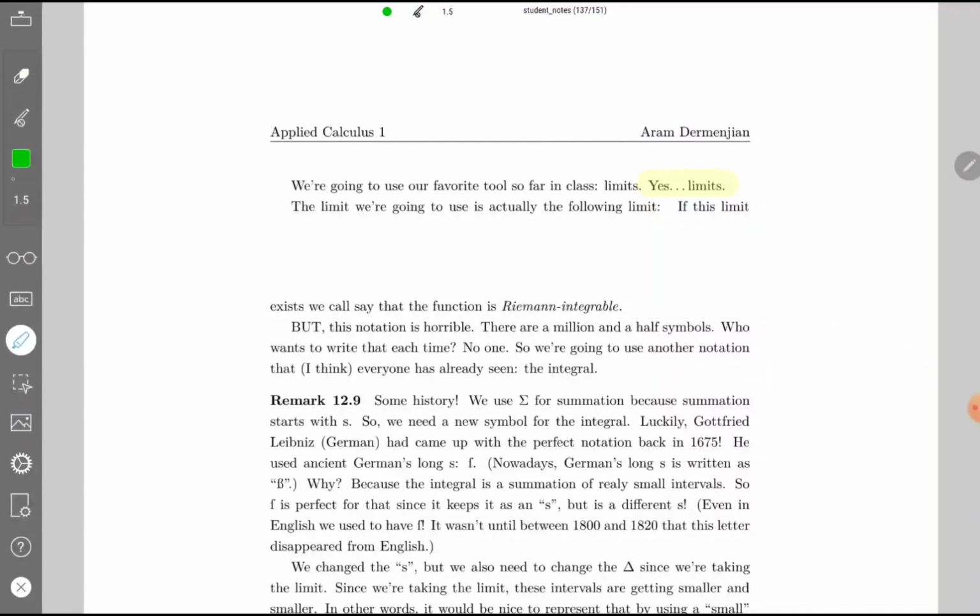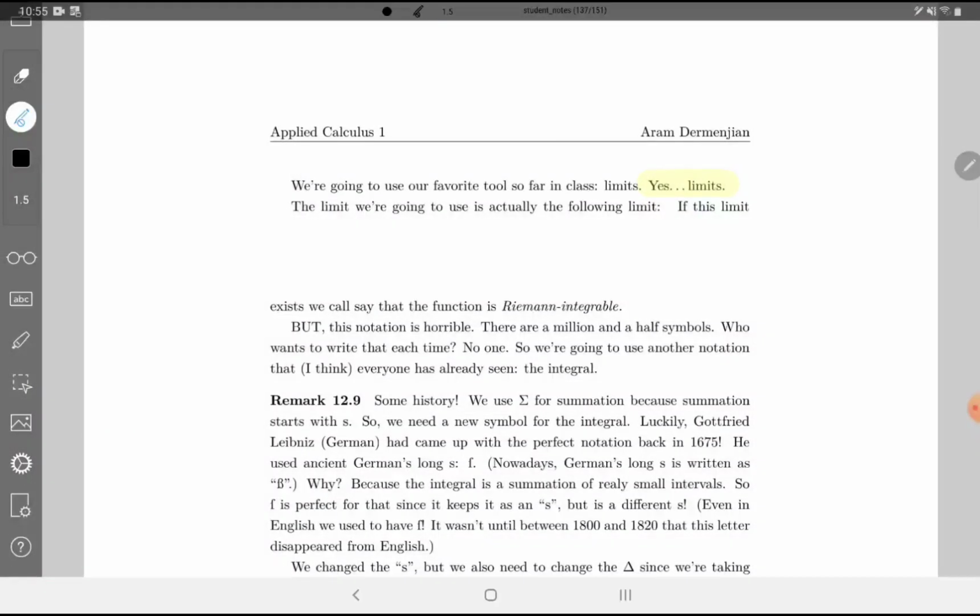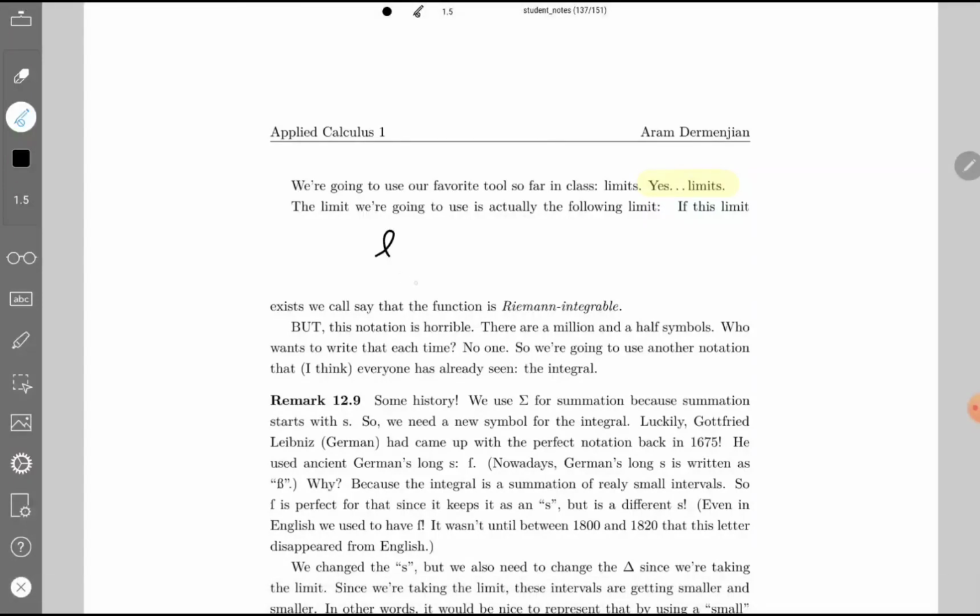So basically we want to find the limit. First, let's write our normal Riemann sum: the sum from i equals 1 to n of f of xi star times delta xi. Remember, the star doesn't really mean anything, it's just saying choose a point. And I'm making my delta xi go to 0.